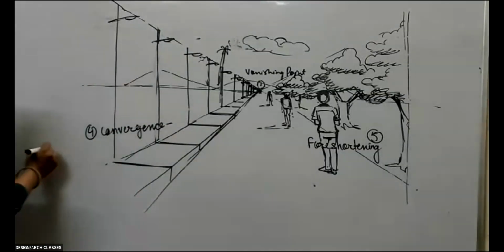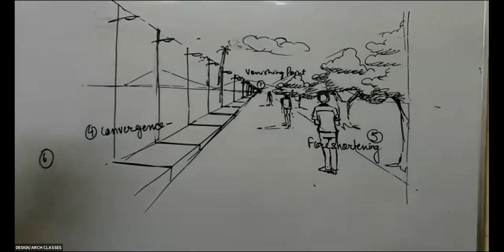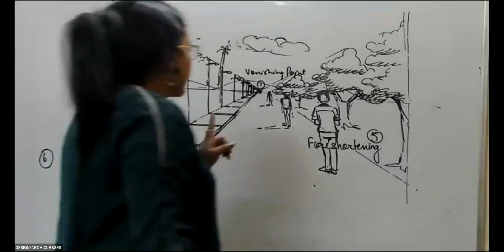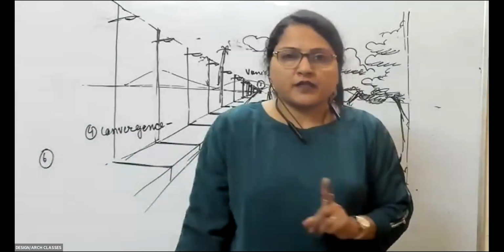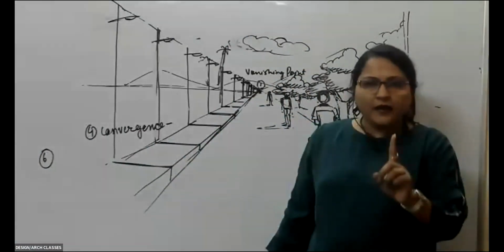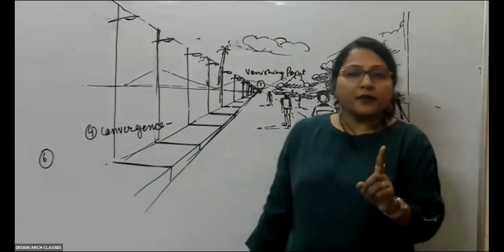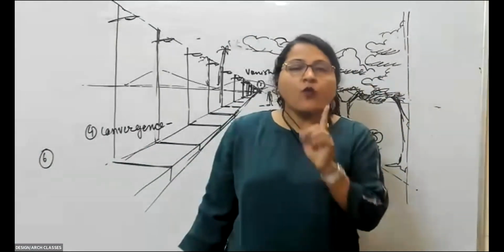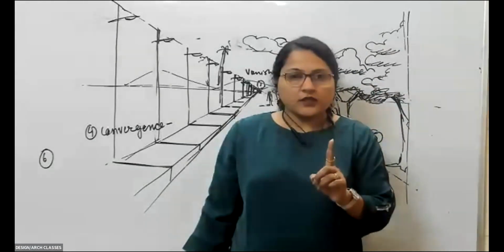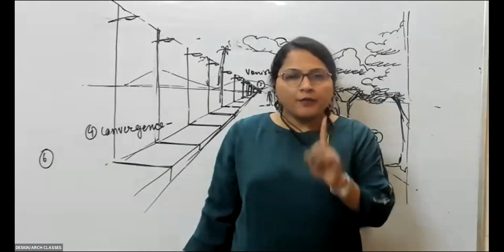And in point number 6, please write. In 1 point perspective, one matlab, one vanishing point.